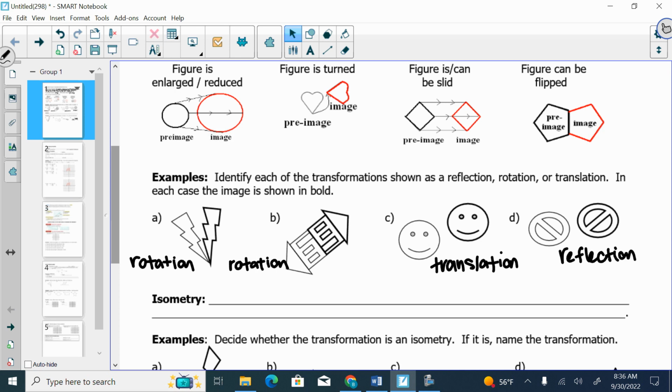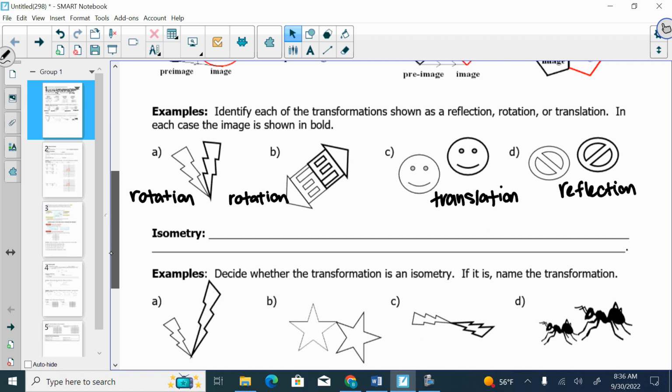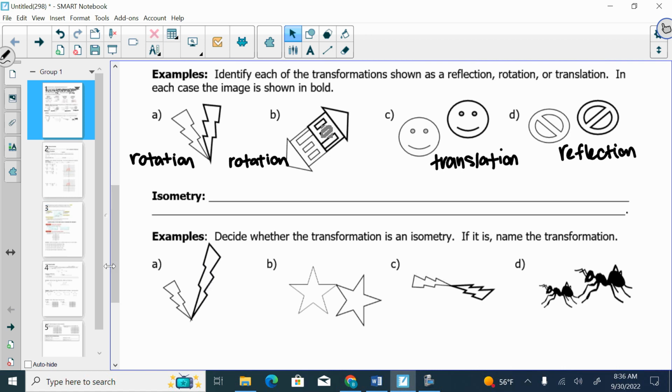All right. So the second term we're going to talk about is isometry. And isometry occurs in a plane.